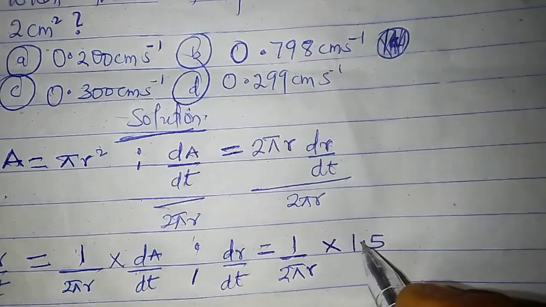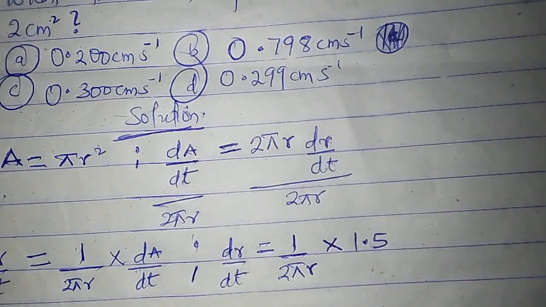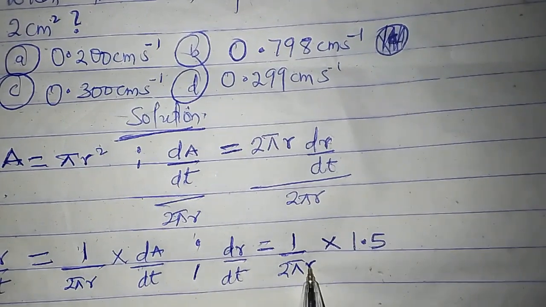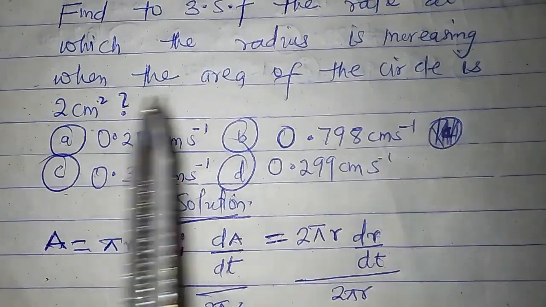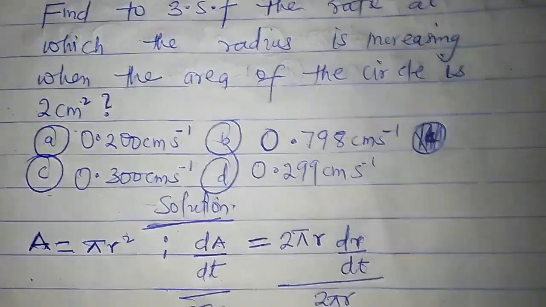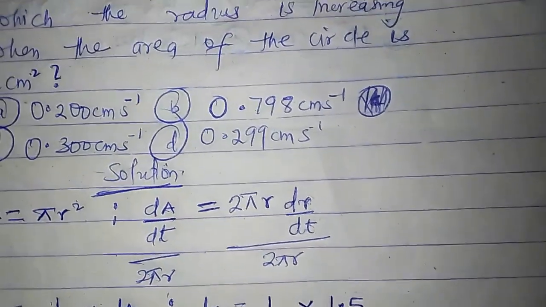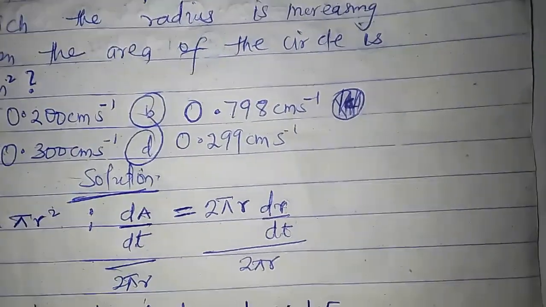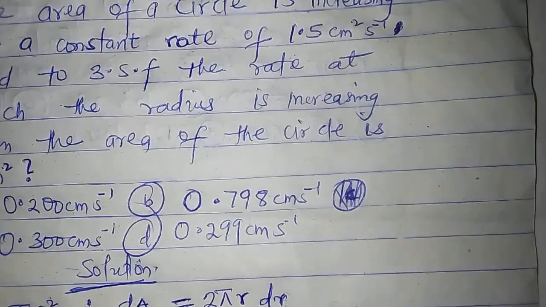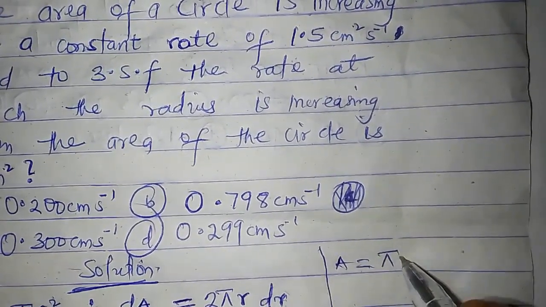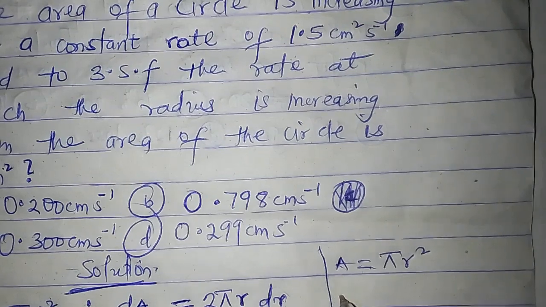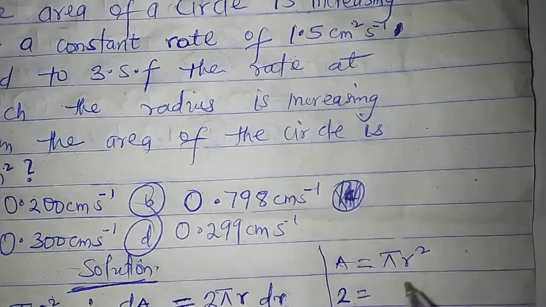Let's forget about the unit for now. So what I need to get now is my r. But they told us that the area of the circle is 2 centimeters squared. Okay. From that area of a circle, we are going to get the radius. Area of a circle is equal to pi r squared. Okay, the area is 2 centimeters squared. We are looking for r.